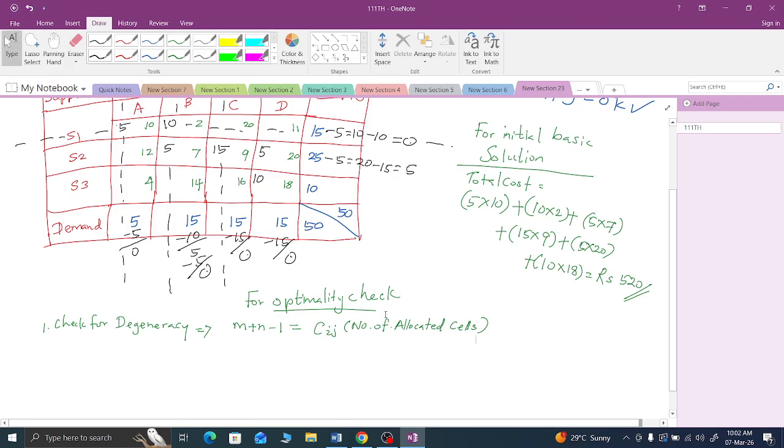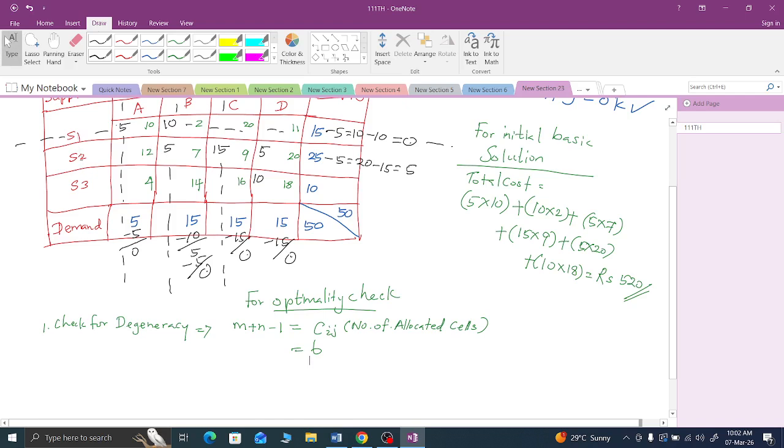So we count the allocated cells. The number of allocated cells is 1, 2, 3, 4, 5, 6, so altogether 6 cells are allocated, right? So m plus n, m is the number of rows and n is the number of columns.